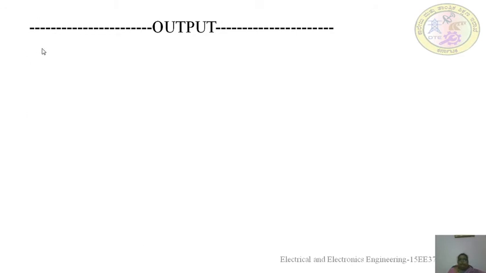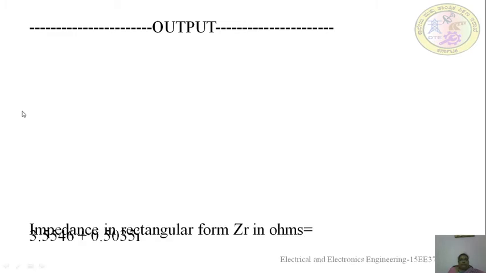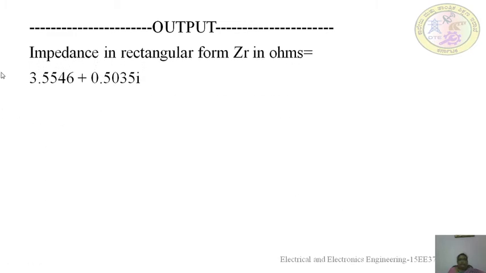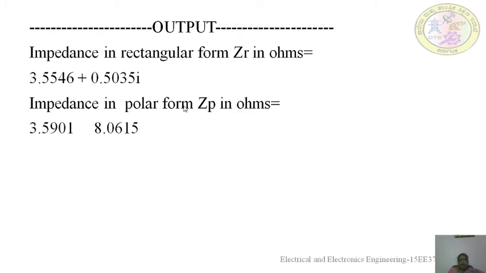Now after the execution, once we run this program, the output looks like this. The output will appear like this in the MATLAB environment. Impedance in the rectangular form ZR in ohms, and the value of ZR is displayed. Then next, impedance in the polar form ZP in ohms, and then it will be given in the polar form.